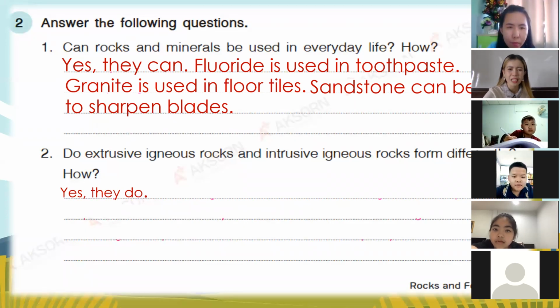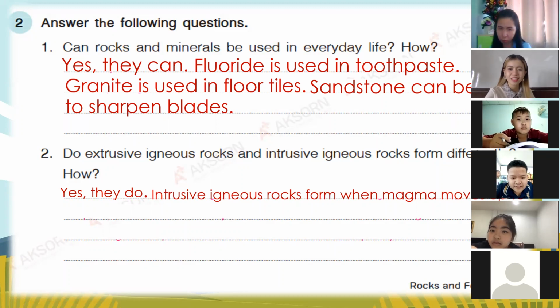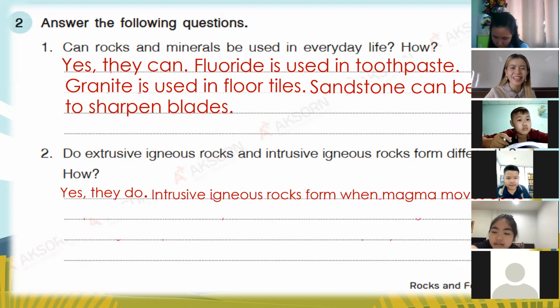Okay, let's start with intrusive. How do intrusive igneous rocks form? You can see that in your book. Lava quickly cooled down. Magma slowly cools down. Okay.